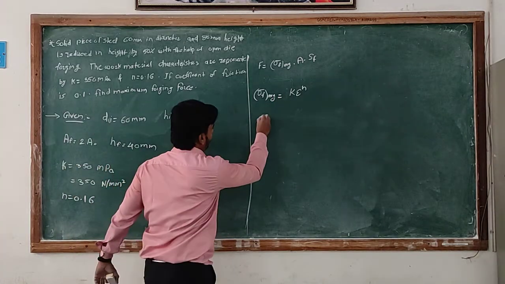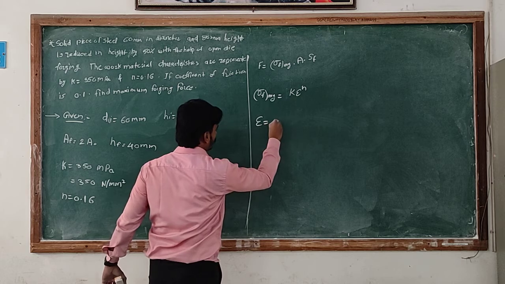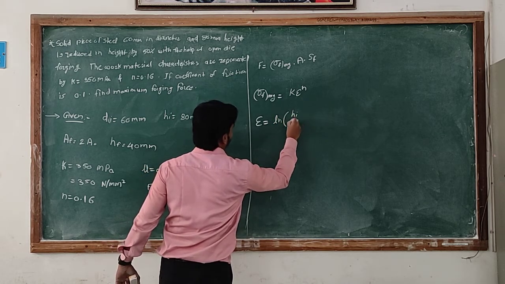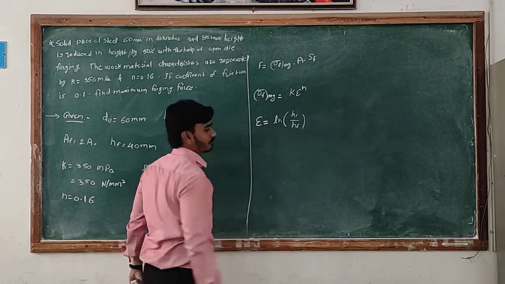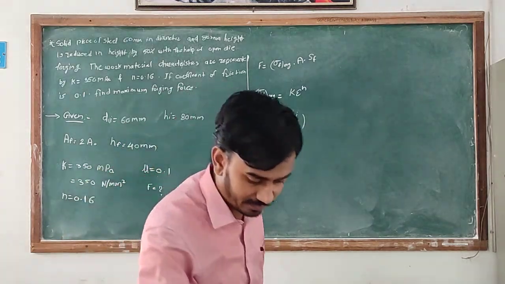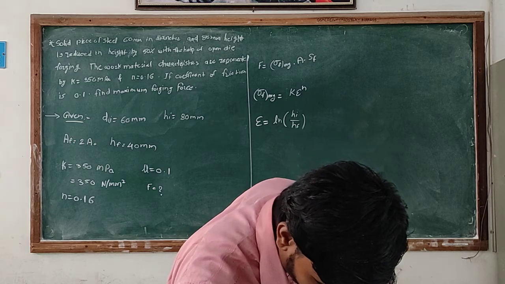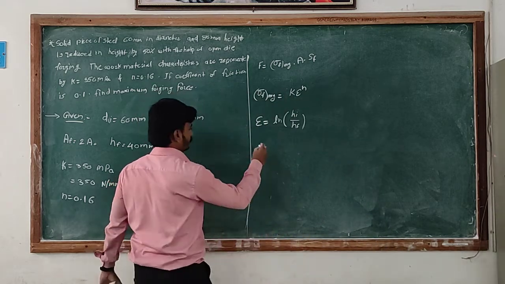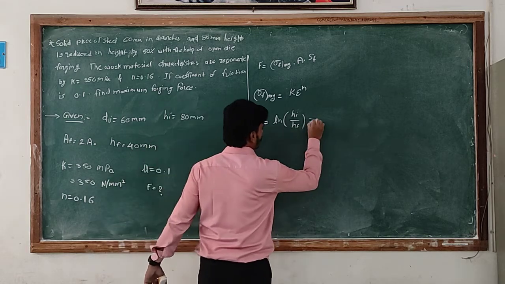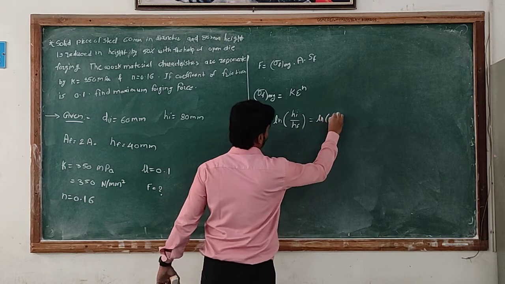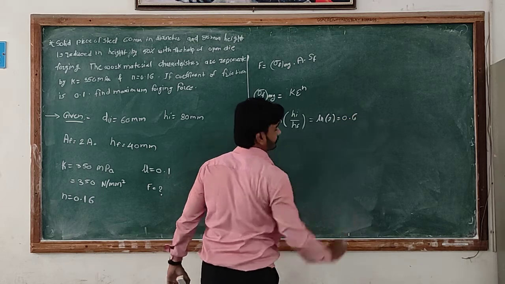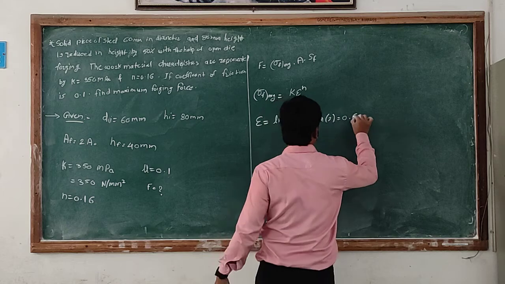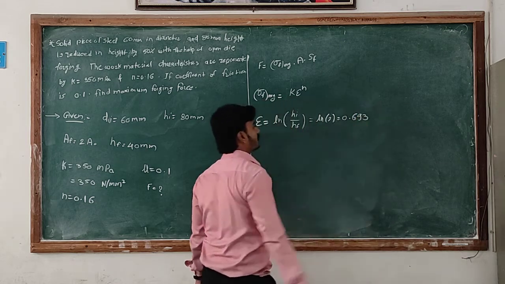We will calculate epsilon, which is equal to ln of h initial divided by h final. So epsilon is equal to ln of 2, and its value is 0.693.